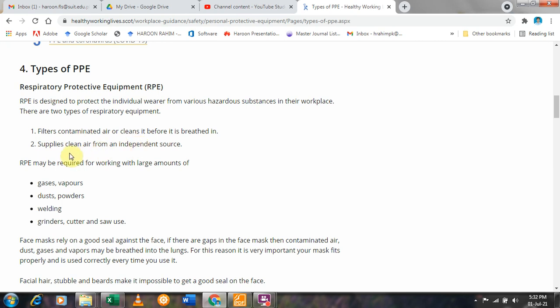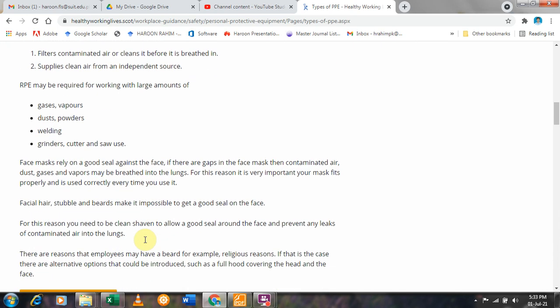Sometimes dusting occurs during the processing of mixing or when volatile or evaporating ingredients are involved in the processing. The second supplies clean air from an independent source. RPE, that is respiratory protective equipment, may be required for working with large amounts of gases, vapors, dust, powders, welding, grinders, cutters and saws.